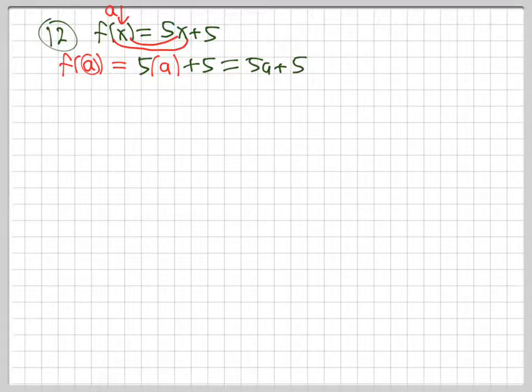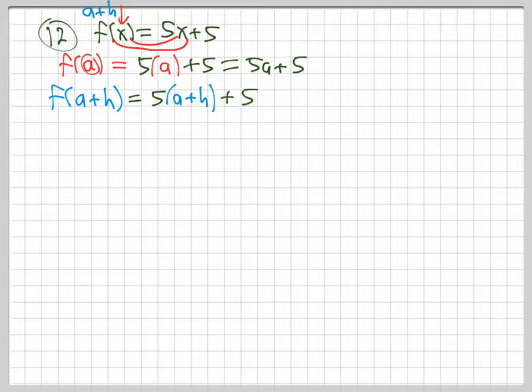Okay, and then the next part, they're going to say, okay, now we want you to plug into that same function a whole A plus H. So we just do the same thing. This time we're plugging in A plus H into the toaster, and it's going to slide down and show up where the X is. And we're going to get 5 times A plus H plus 5.